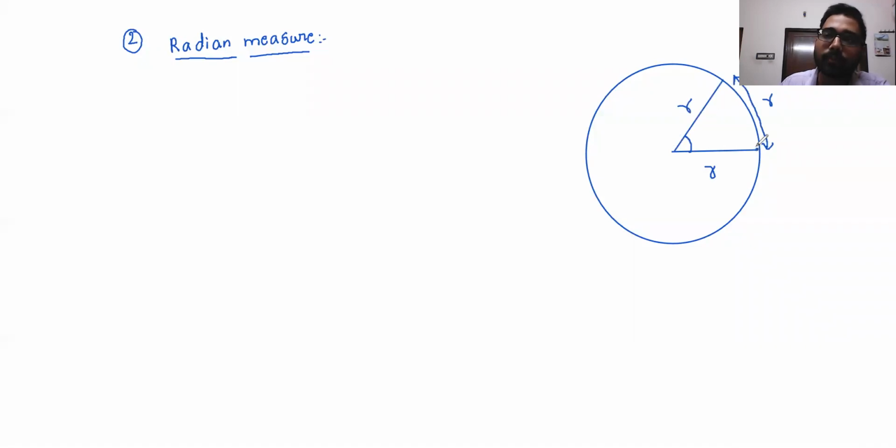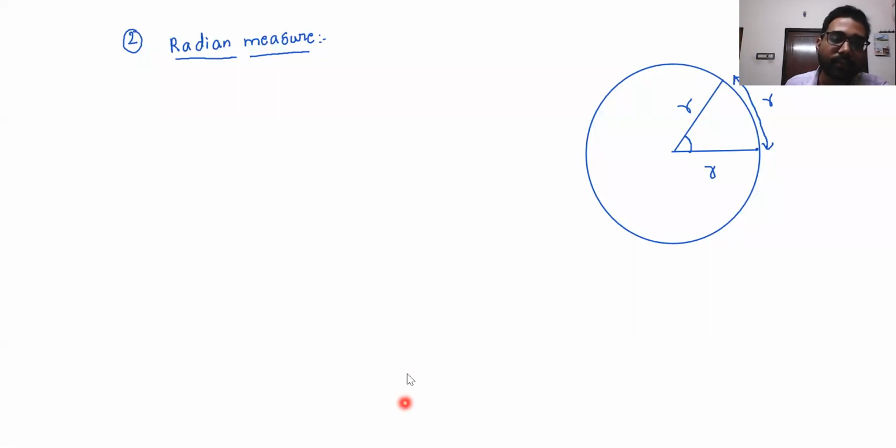From any point, you keep moving such that the length of the arc becomes the same as the radius. So when you have this sector where the radius is r and the arc length is also r, the angle subtended by this sector is defined as 1 radian.